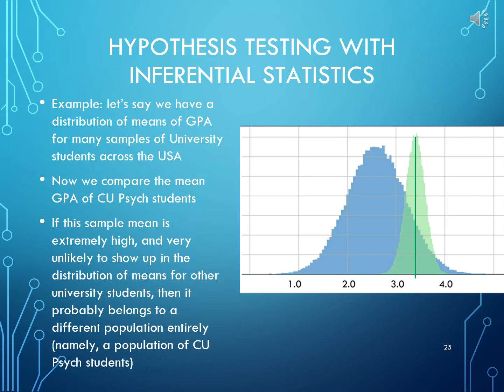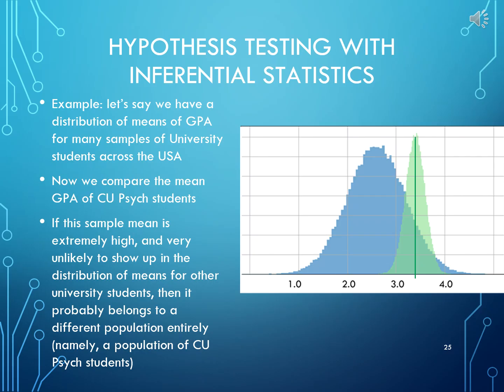As an example of this, let's say we have taken hundreds and hundreds of samples of university students from across the United States, from different universities. And we've taken, let's say, sample sizes of 100 from many, many different universities across the US.